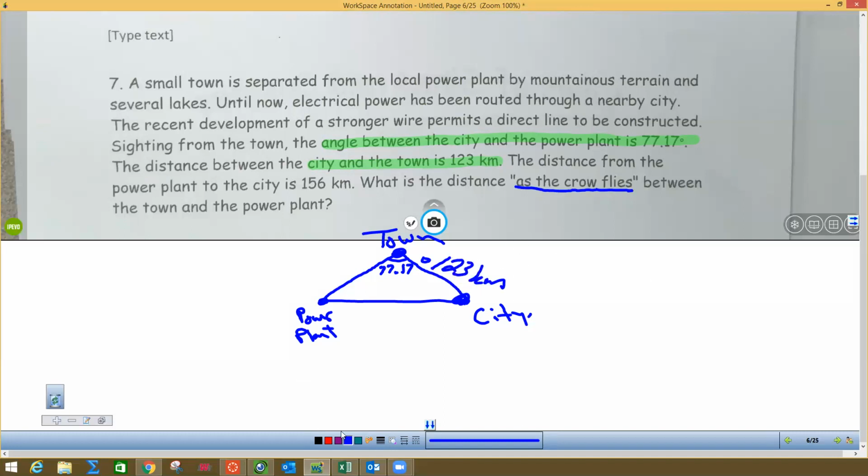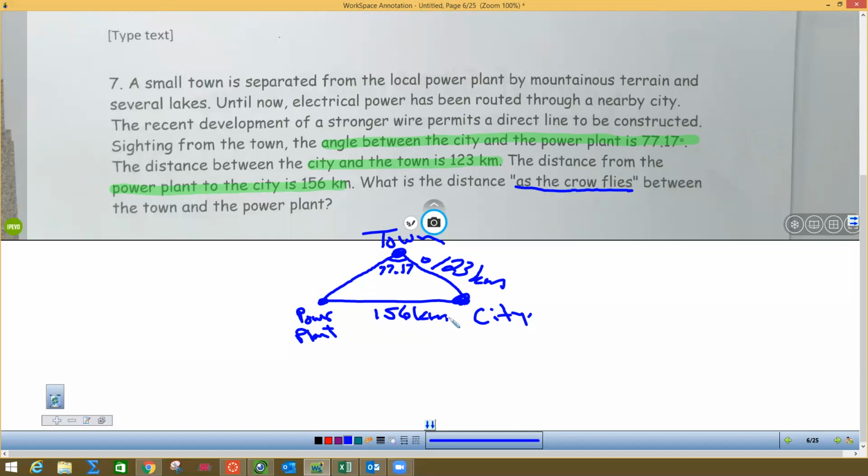And then it says, the distance from the power plant to the city is 156. Can we find the power plant and the city? Power plant to the city is 156 kilometers. Now, do y'all see where all that comes from? This is the hardest part in the whole problem.